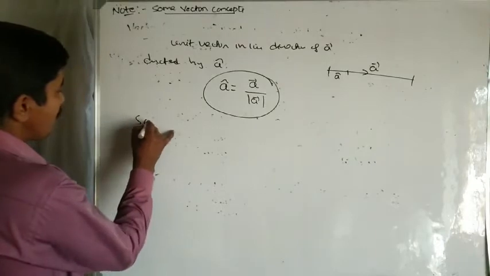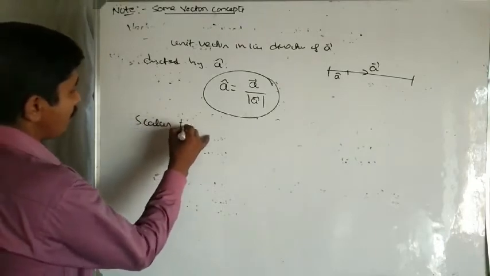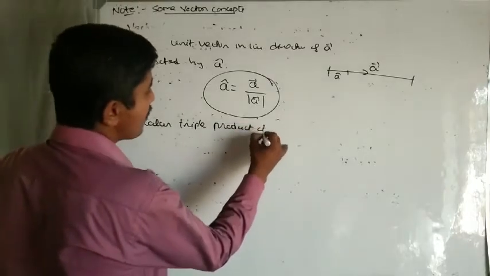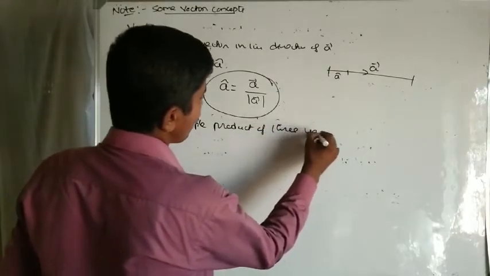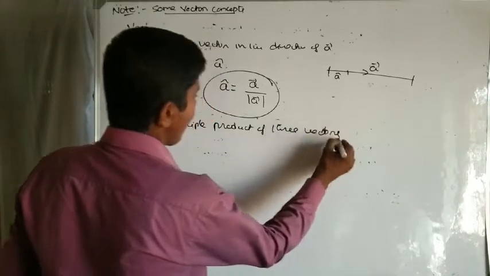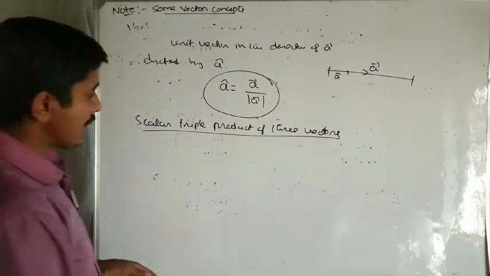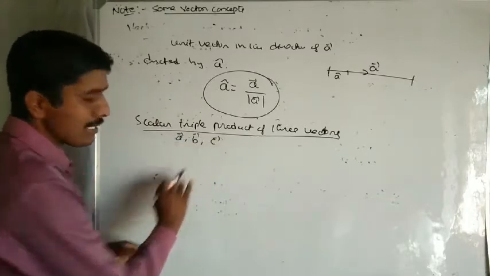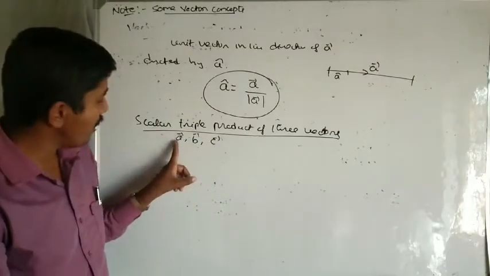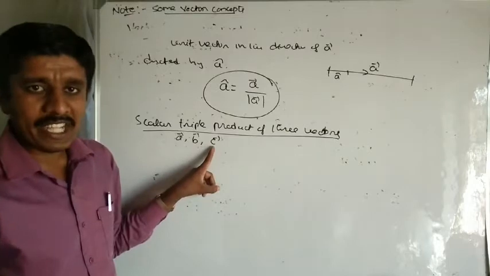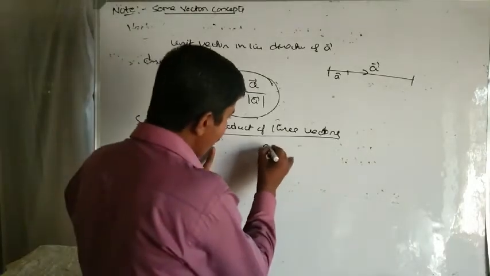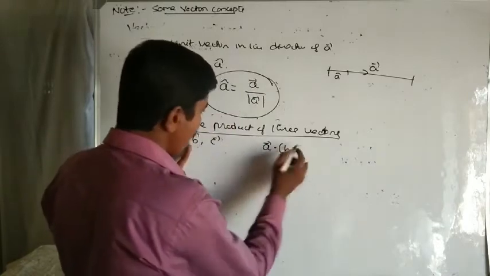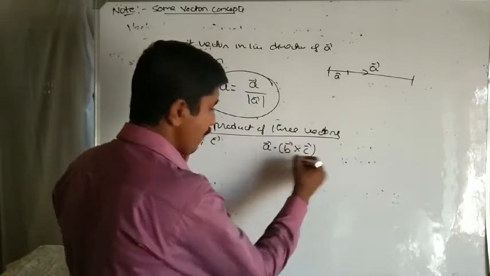So next, scalar triple product of three vectors. A, B, C are three vectors. The scalar triple product of three vectors, vector A, vector B, vector C, is denoted by vector A dot vector B cross vector C, in order.